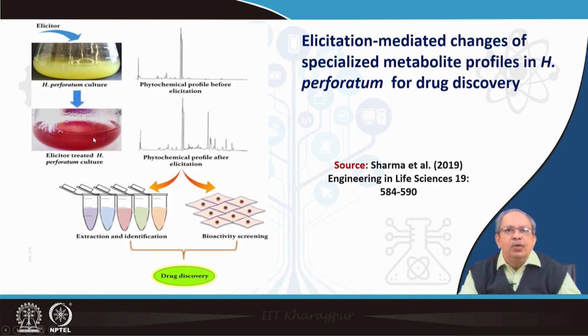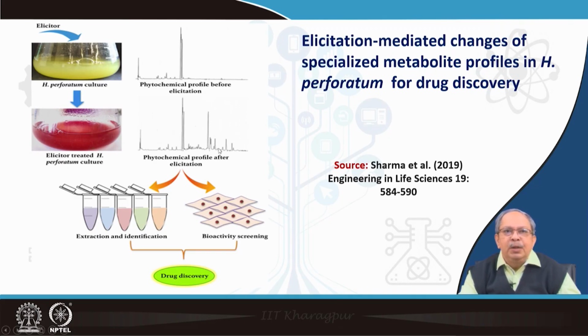If you see the phytochemical profile by HPLC, in the unelicited condition, which is this bright green-yellowish color, you see only one or two peaks. Once you treat it with the elicitor, you will see multiple peaks.